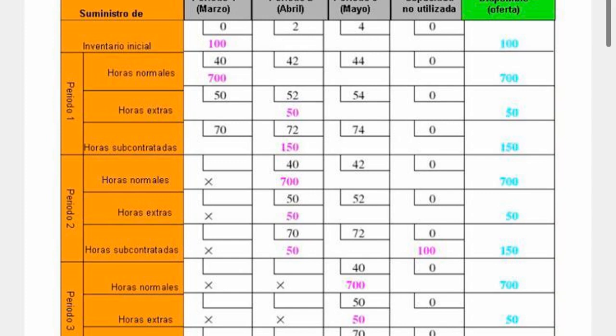The demand for 800 tires in March is satisfied using 100 tires of the starting inventory and 700 produced in normal hours of March. In general, start in period 1 and assign the maximum possible production to the cell with the lowest cost, without exceeding the unit capacity in that row or the demand in that column.